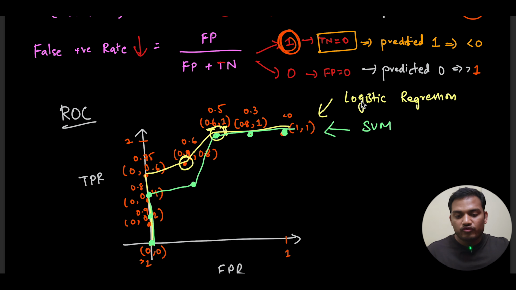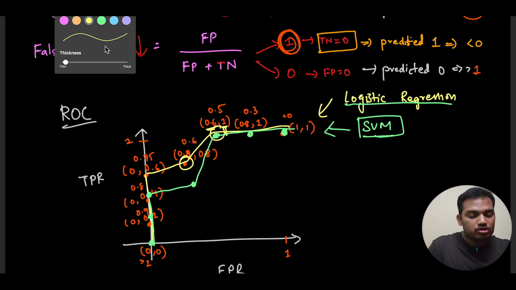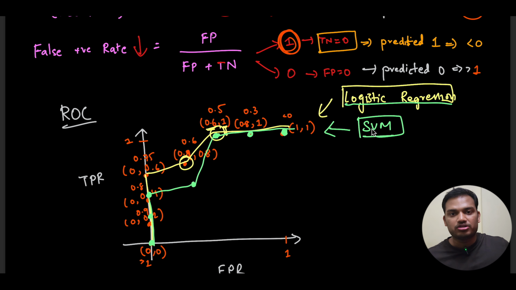Now we have the ROC graph of logistic regression, and also the ROC graph of SVM. Both graphs are on the same plot. Now which algorithm is good for this specific problem? There can be multiple binary classification algorithms, but we can only select one algorithm, right?